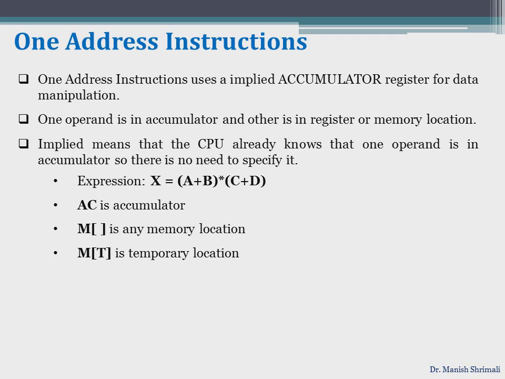Again, we are going to see how this expression is solved using one address instructions. This is the accumulator, this is a temporary location, and this is a memory location. In the coming slide we will see how we solve the expression A plus B into C plus D using one address instructions.